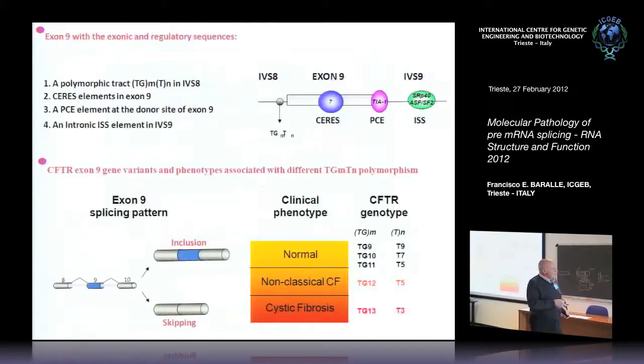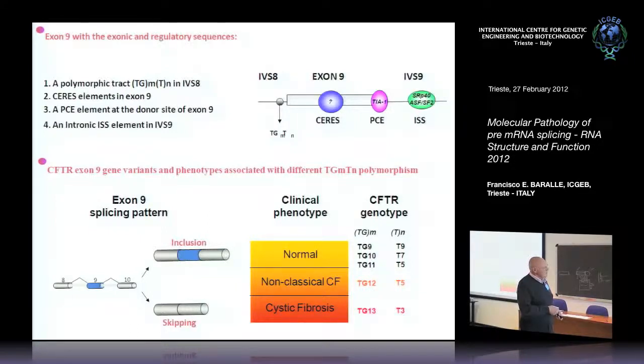Now, we found a patient that has this configuration, TG13, T3. And this makes a very poor recognition of the 3' splice site. And this poor recognition causes full-blown cystic fibrosis. Intermediate recognition, like this configuration, may cause non-classical cystic fibrosis.